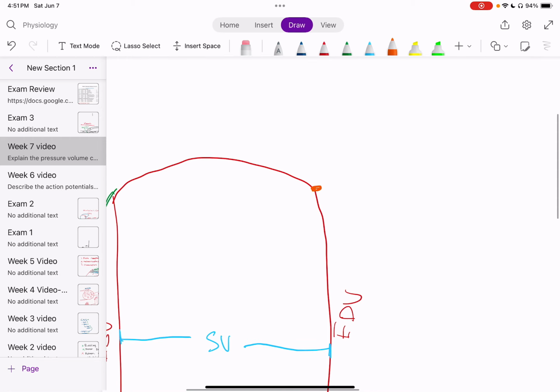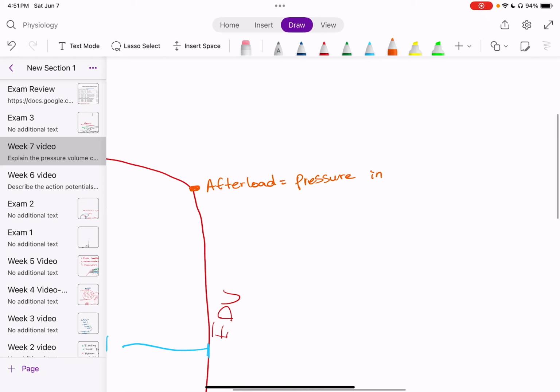Afterload is right here. And afterload actually refers to the pressure in the aorta. Or another way you can think about it is the resistance in relieving.